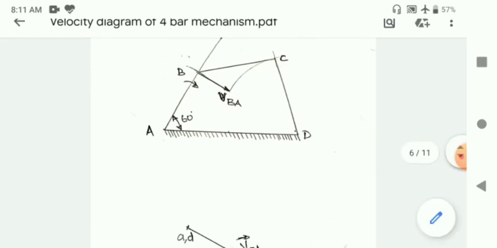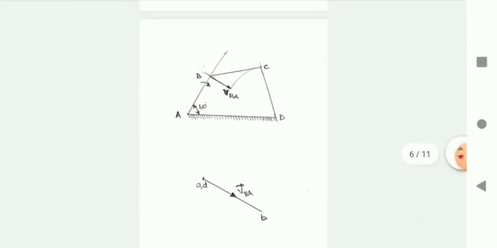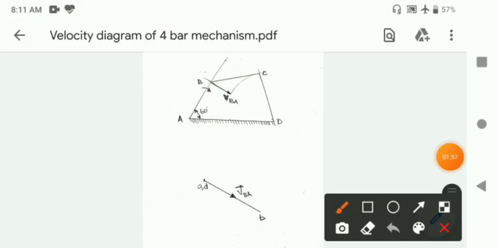So again I am repeating, I am going to draw a line from C perpendicular to CD. Now what you do is, we have this velocity diagram. We have point D here.